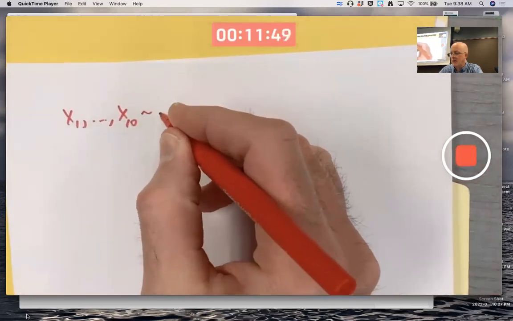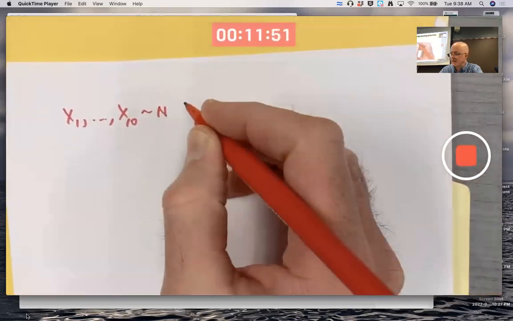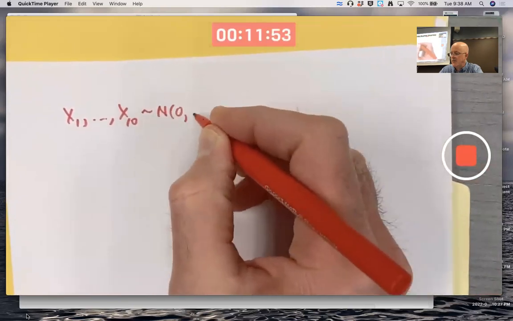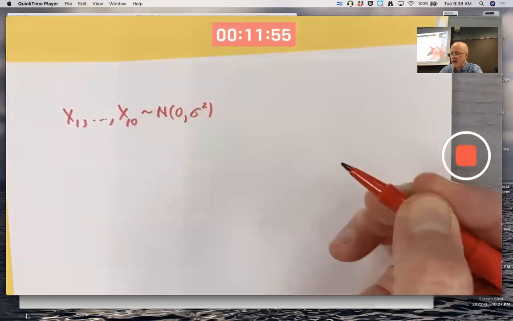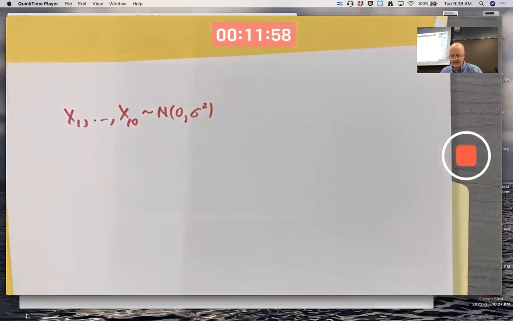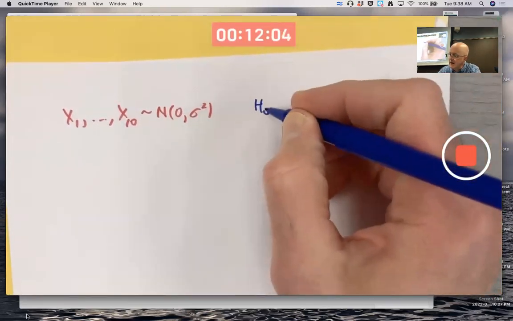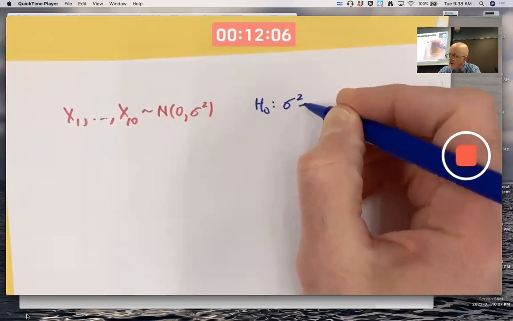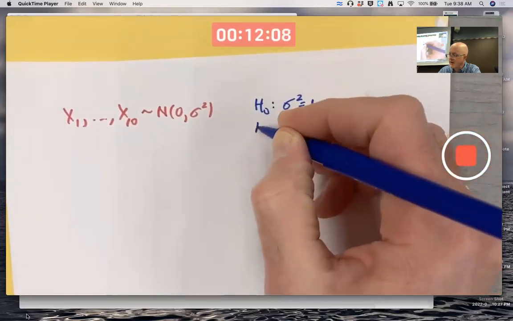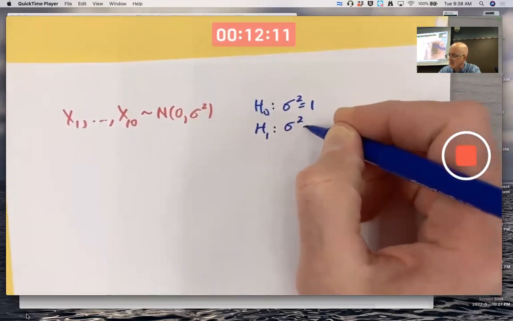These are all normal, I'll use a capital N, with mean 0 and variance unspecified, sigma squared, because we are testing the variance. We're testing the null hypothesis that the variance is 1 versus the alternative hypothesis that the variance is 2.